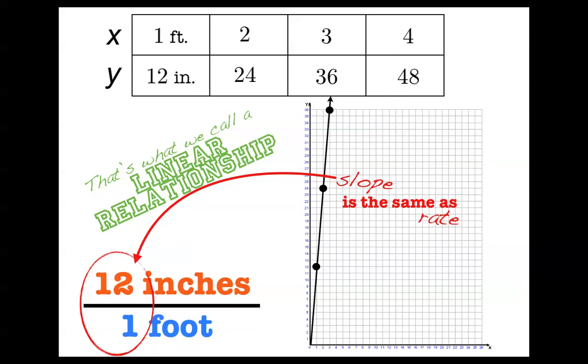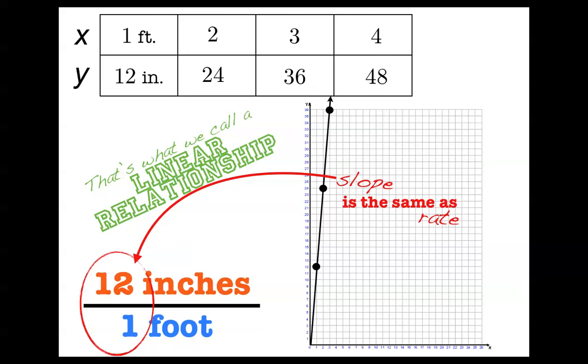And since we're talking linear relationships, let's look at this table and notice every y is 12 times as big as the corresponding x. So each y is 12 times whatever the x is. Like when y is 48, that's 12 times 4. And when y is 36, that's 12 times 3.